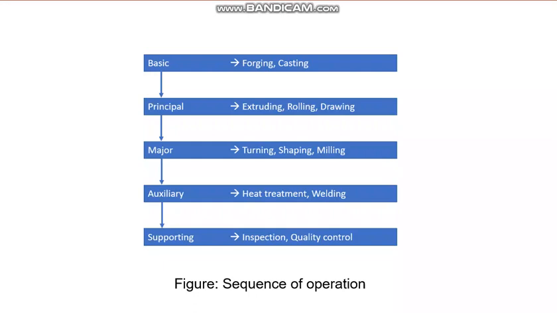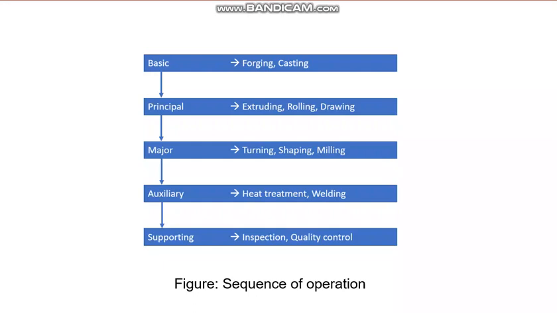We'll be dealing in detail with each and every type of these operations. The second is principal operations, where some examples are extrusion, rolling, drawing operations, etc. Then there are major operations, which can be turning, shaping, milling, etc. Then the auxiliary operations like heat treatment, welding, and shot peening.